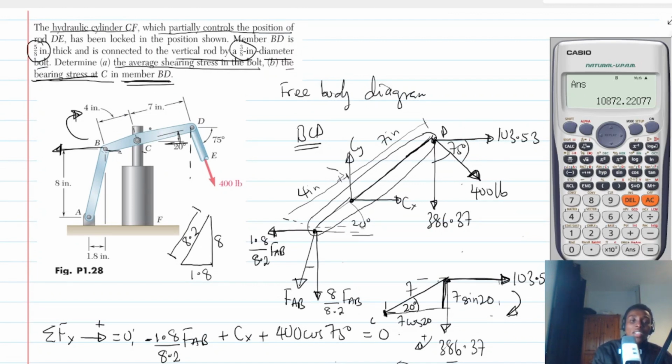So there is a thickness of member BD. If I multiply that thickness of member BD by the diameter of the bolt, I will get an area, and that area is the required area for the bearing stress.